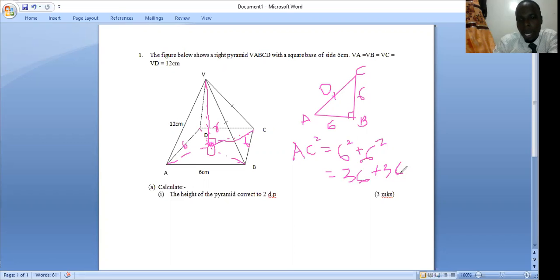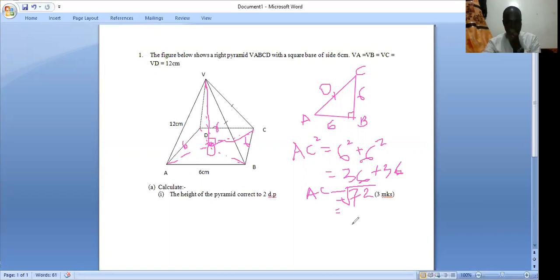You get your answer as 72. But what we wanted was AC, meaning that we are going to get the square root of that.